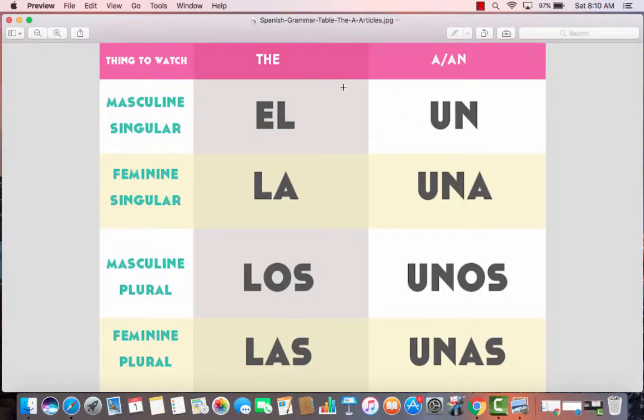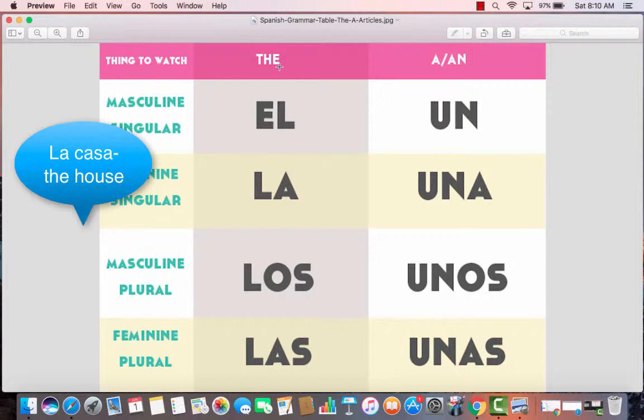Here we have the articles in Spanish. In this row we have the definite articles, and in this row we have the indefinite articles. So what's the difference between these two rows? In English, these words here will translate to the word the. For example, if I want to say the house, house is a feminine noun, so I'm going to use la casa.